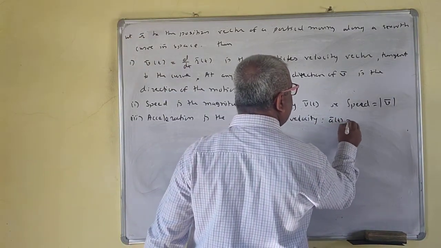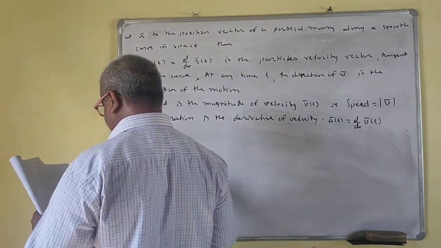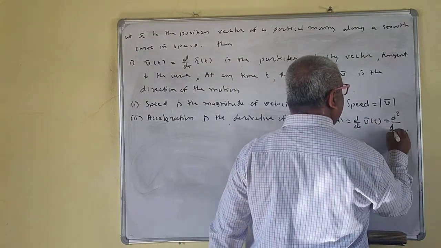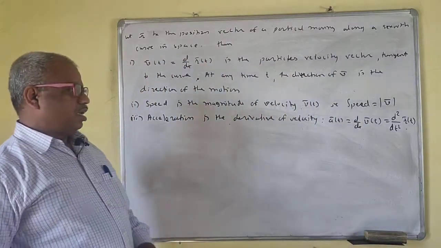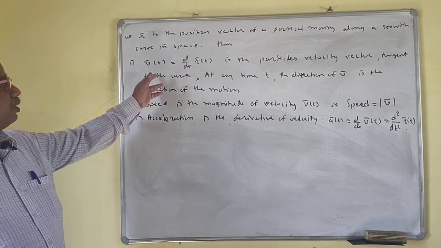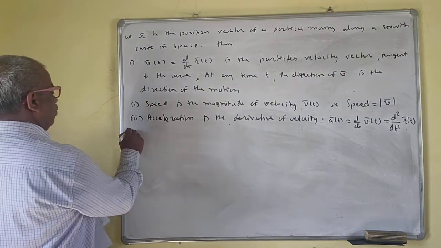So a bar of t is equal to d by dt of v bar of t. This is the same as the second derivative, d2 by dt square of r bar of t. That means the derivative of the velocity. Velocity is nothing but the first derivative of r bar of t, that means the first derivative of the curve.